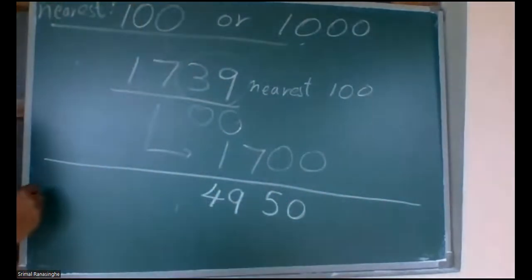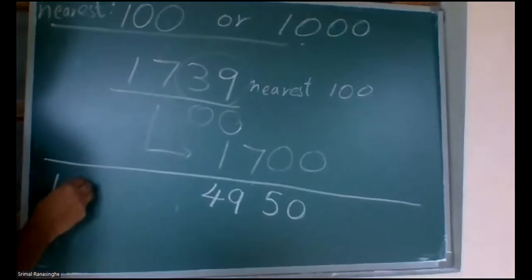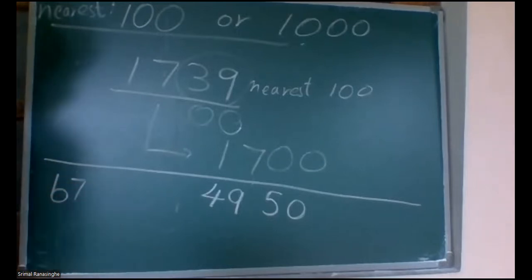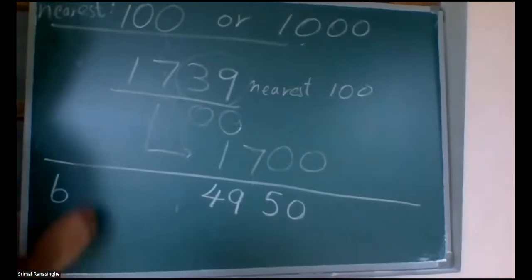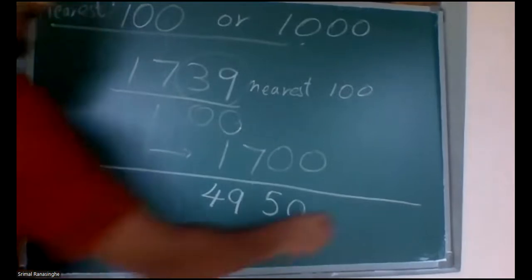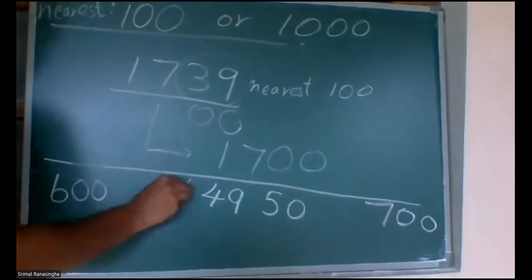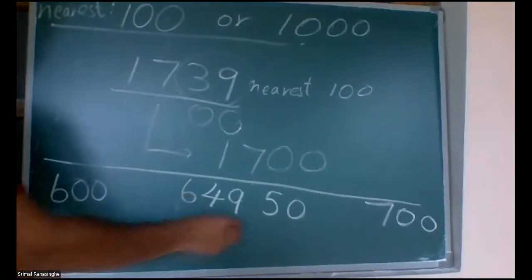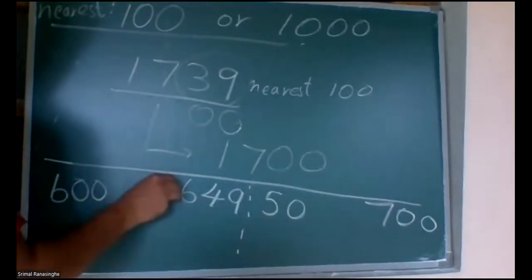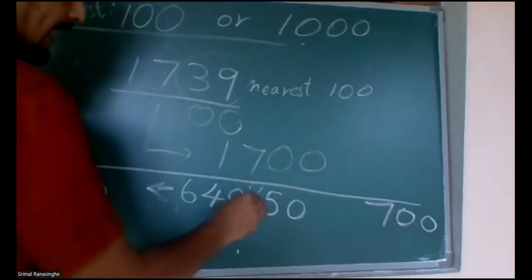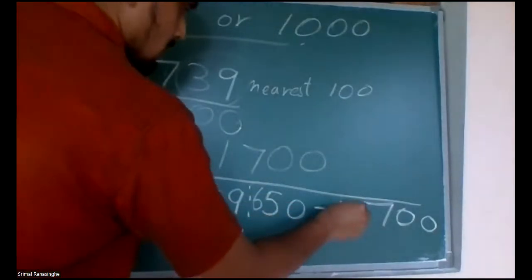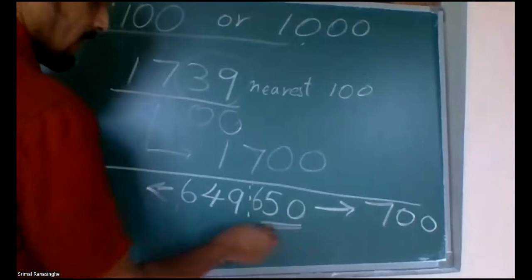Can you see here? I'll write here 600 this side and 700 this side. What could be the margin here? 649 belongs to 600. 650 belongs to 700.